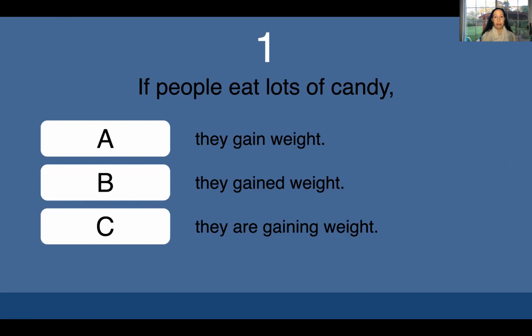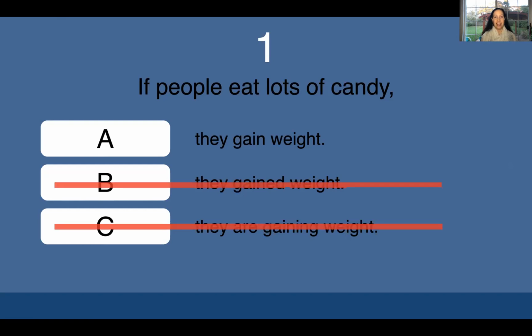So that means you have to match it, okay? Which one is it? They gain weight. If people eat lots of candy, they gain weight. This is your if clause, and this is your main clause.